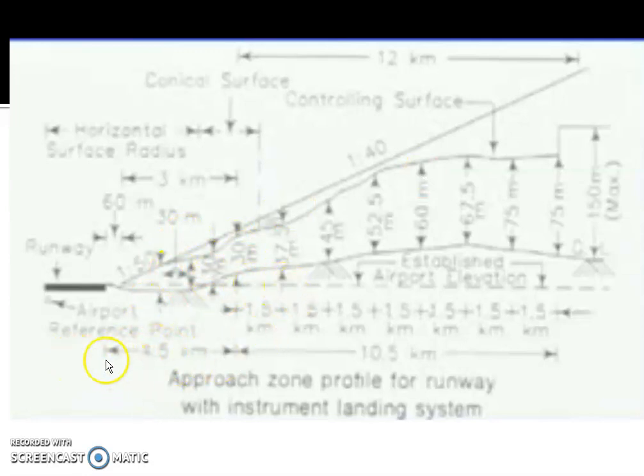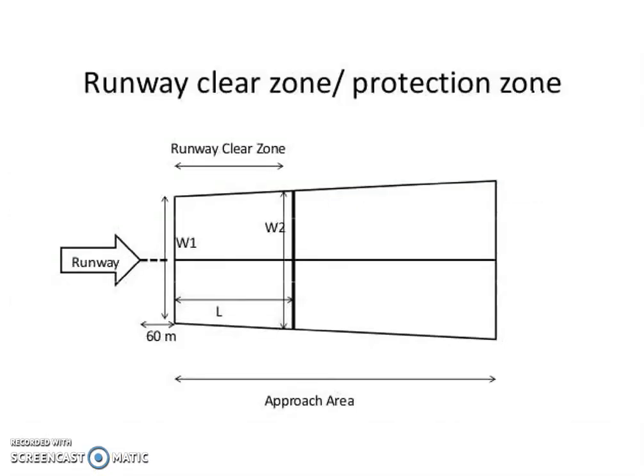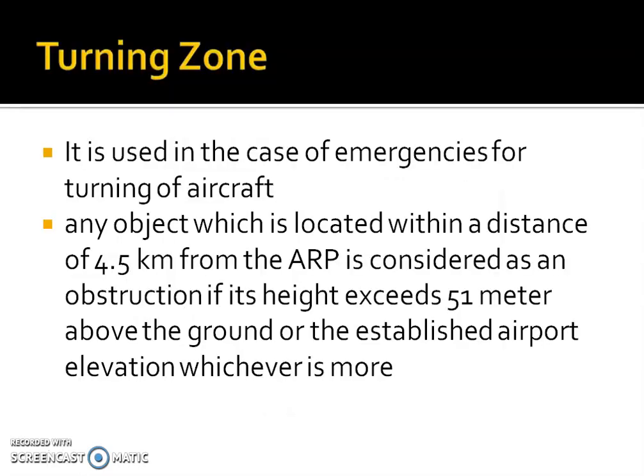The 4.5 kilometers is the approach zone profile for every runway which is using the instrument landing system. When it is very near, the permitted height of the structure is very little, only up to 30 meters. Then after 10.5 kilometers only, the permitted height of the building will be up to a maximum of 150 meters. So this is about visual obstructions, what we are able to see with our naked eye.